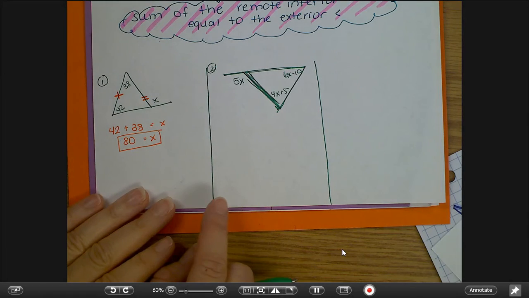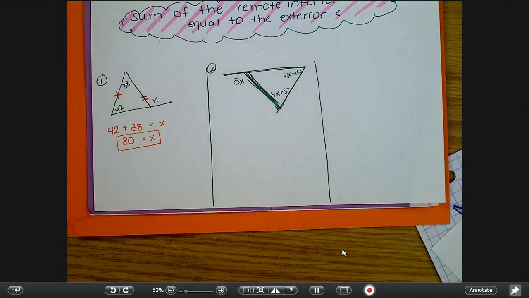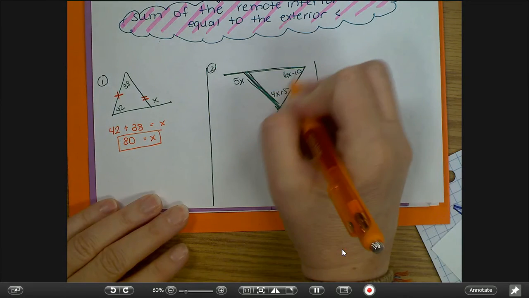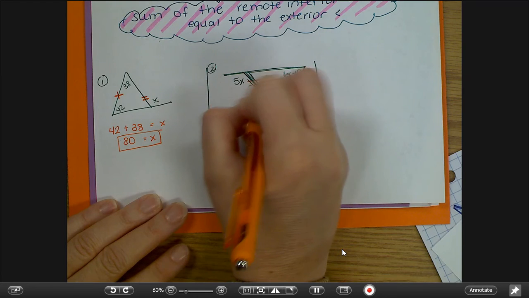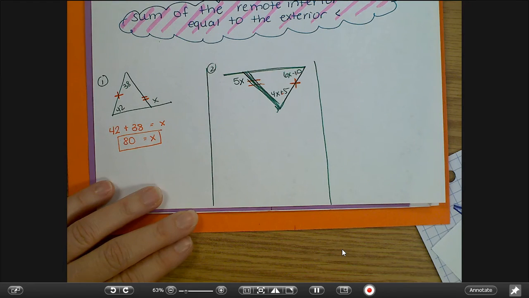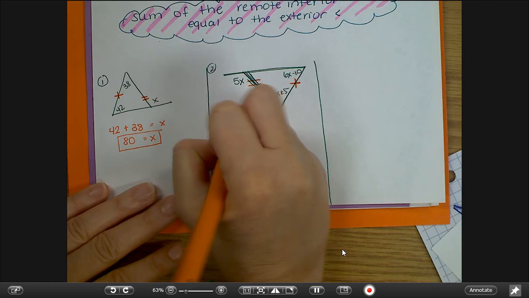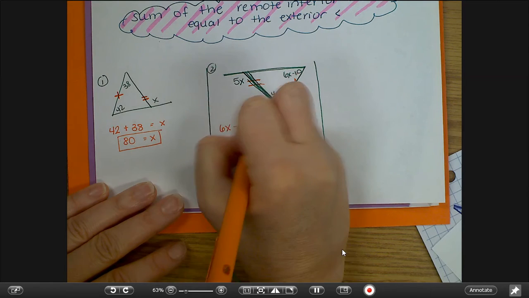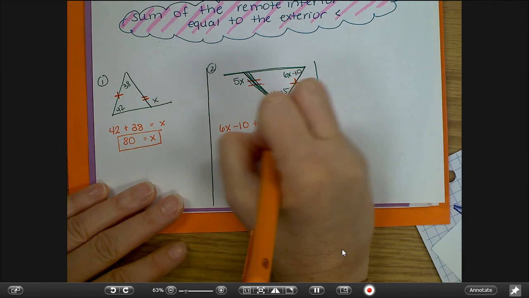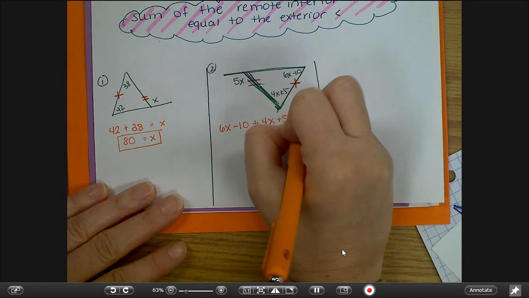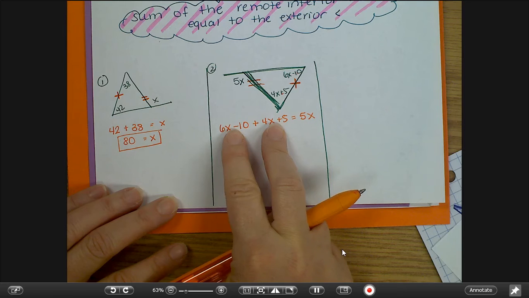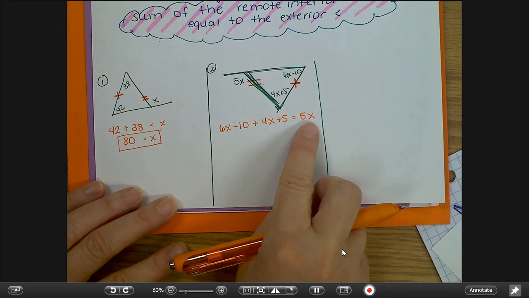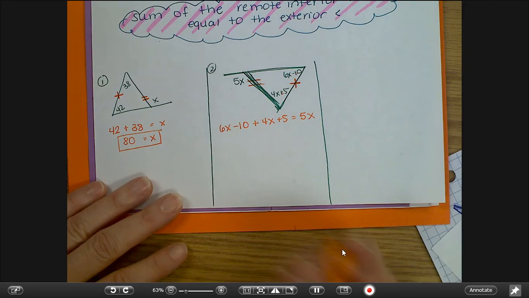The exterior angle formula says that the two far away remote interior angles are equal to the exterior angle. So we have 6x minus 10 plus 4x plus 5 equals 5x. The sum of the remote interior angles equals the exterior angle. And then we're going to solve that.